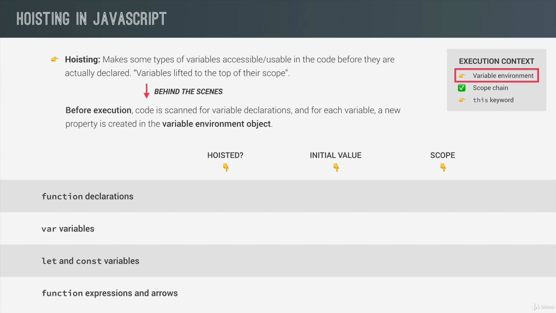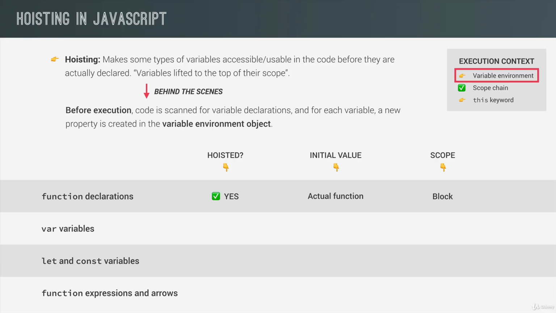So function declarations are actually hoisted, and the initial value in the variable environment is set to the actual function. So in practice, what this means is that we can use function declarations before they are actually declared in the code. Again, because they are stored in the variable environment object even before the code starts executing. And I actually told you before that function declarations work this way, but now you understand why.